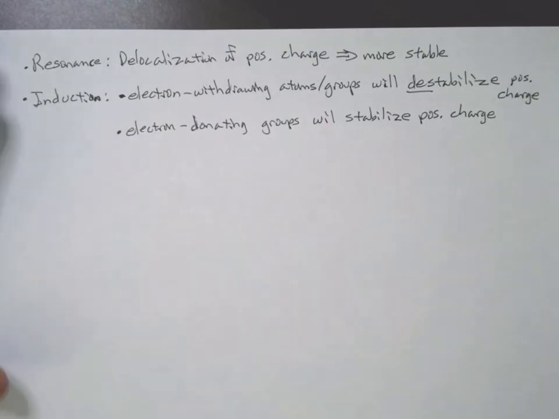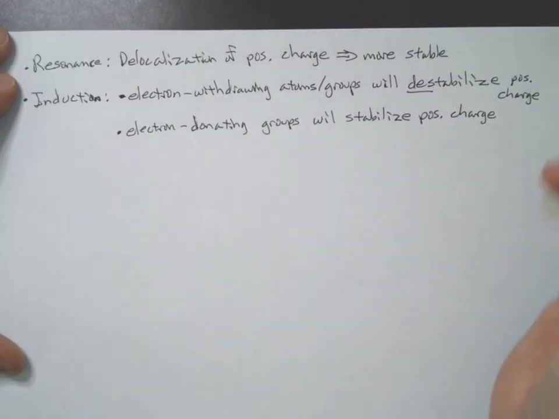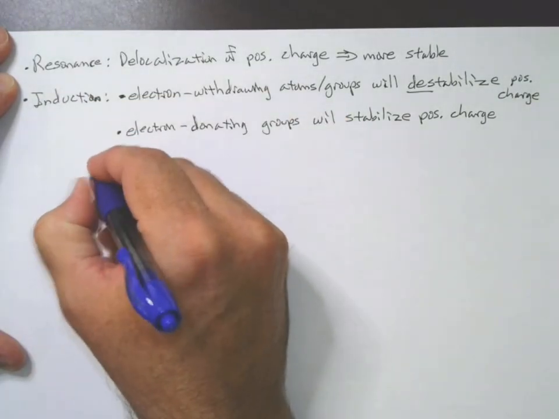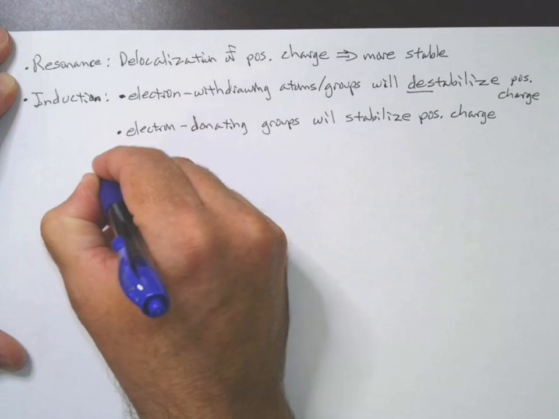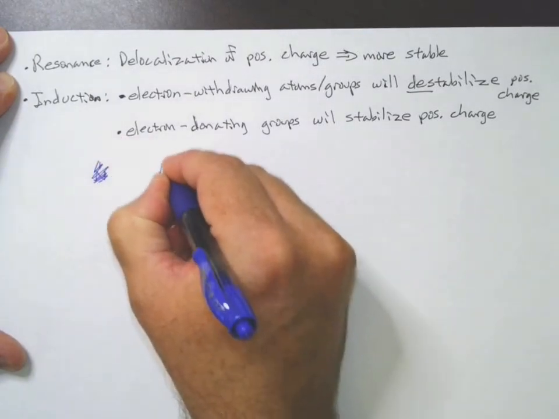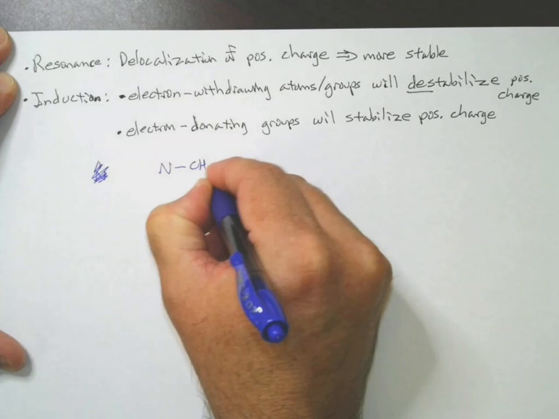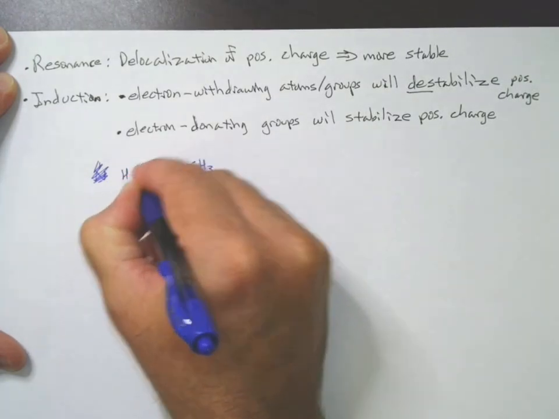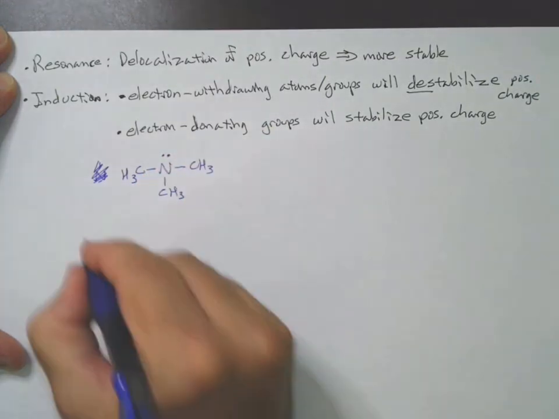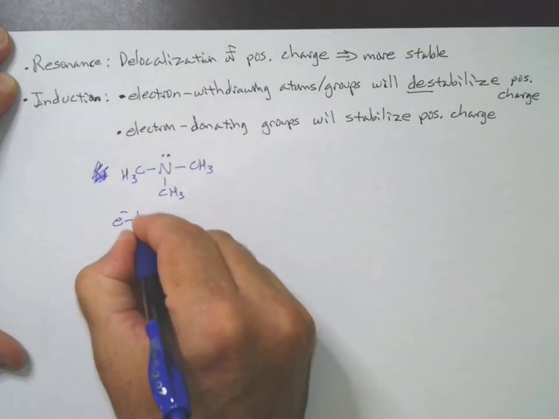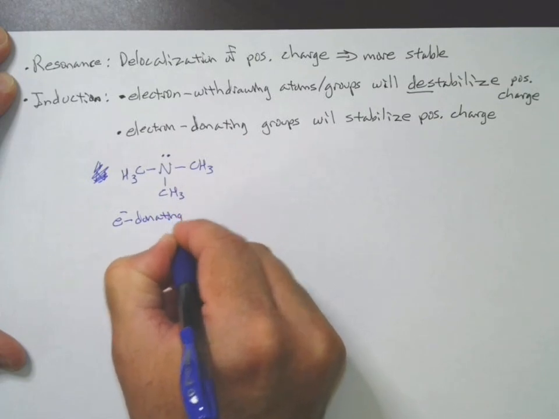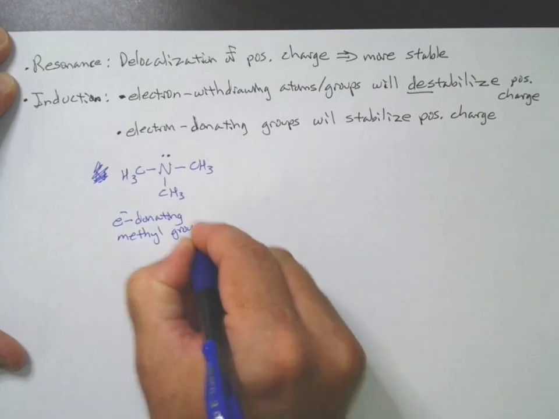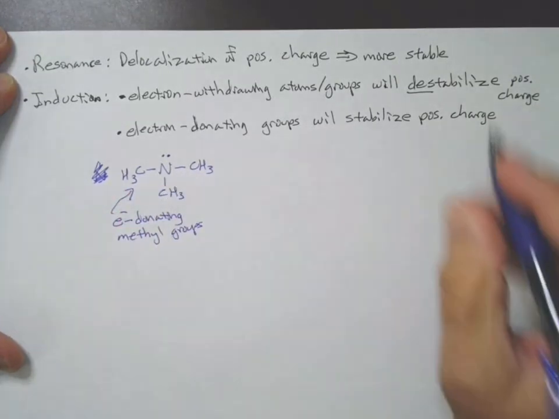So what would that look like? Well, let's say we had something like trimethylamine. Carbon is not very electronegative.